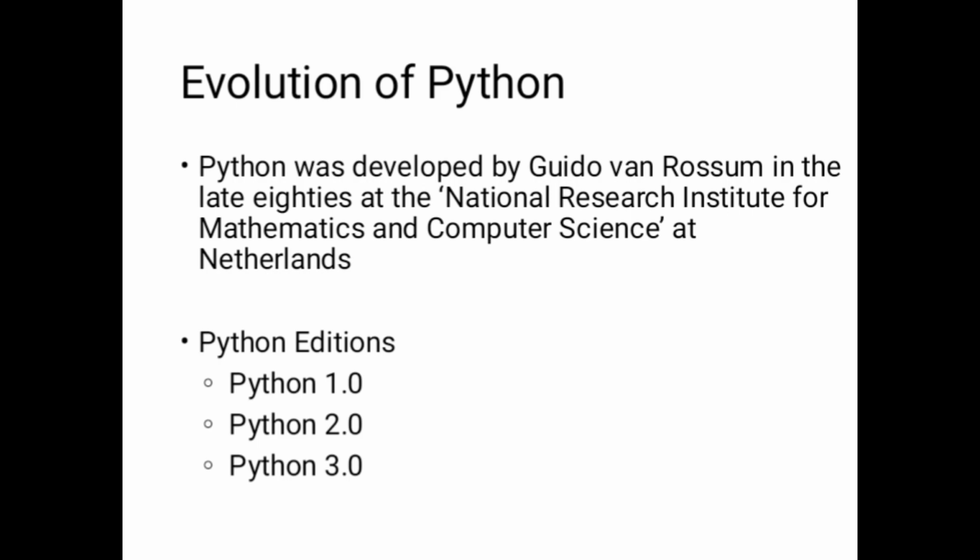Next, Python 2.0 introduced garbage collection and list comprehensions. Next, Python 3.0 in the year 2008 improved syntax, Unicode support and better performance. Today, Python 3.x is widely used in data science and machine learning.